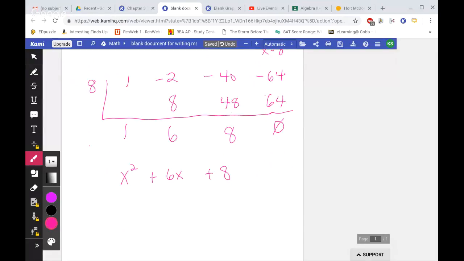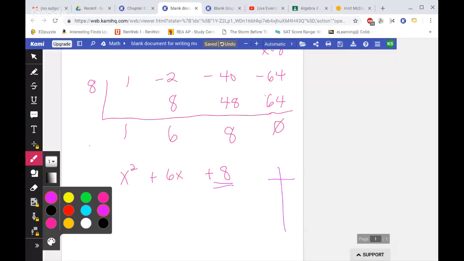So once again, we're looking for 2 factors of 8 that when multiplied give you 8, but when you add them, you get 6. And the factors of 8 are 8 and 1 and 4 and 2. When we add 8 and 1, we get a 9, so that doesn't work. And when we add 4 and 2, that gives us 6. So that does work because that gives us this piece right here.